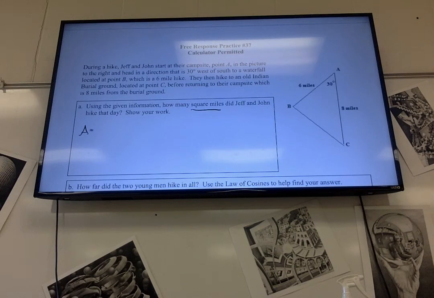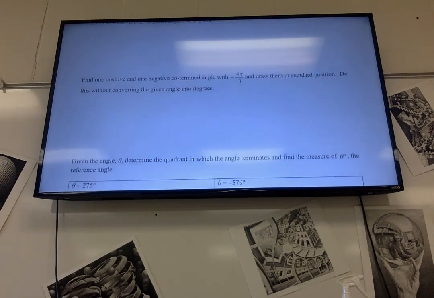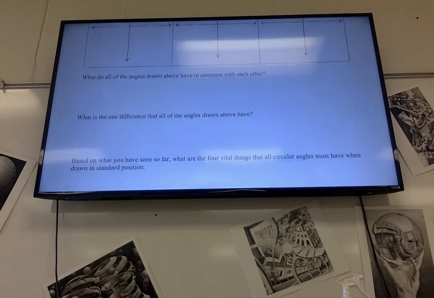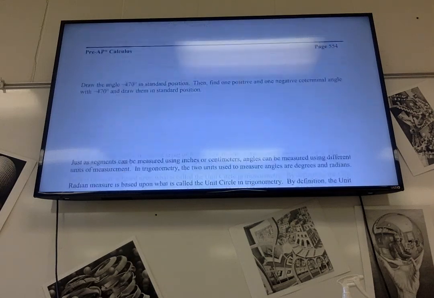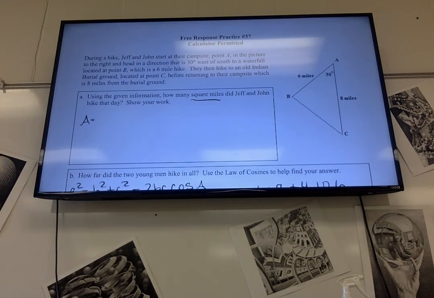So what we use is that area formula that we learned in this section. Looks like I didn't write on this one, but it was the 2 consecutive sides and then times the angle that was in between them.